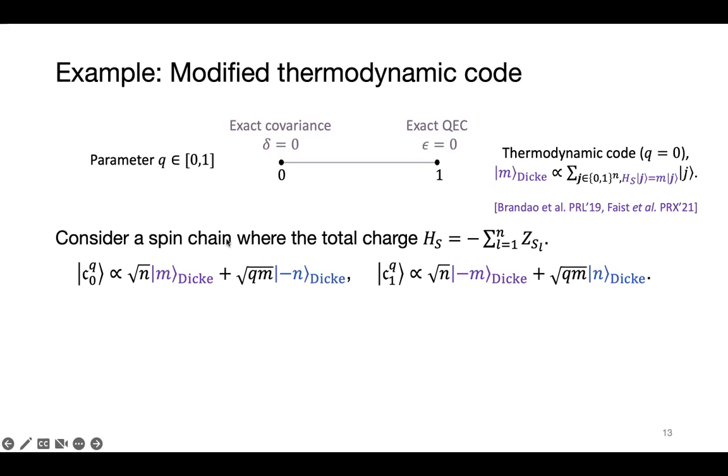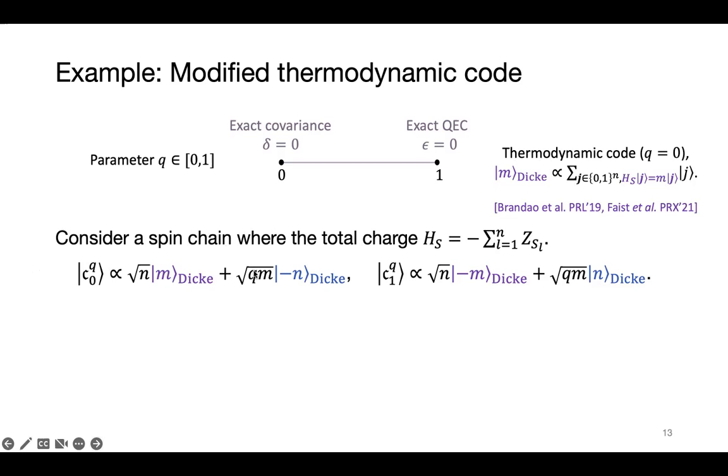If we consider this n spin chain and use this charge operator as the sum of Pauli Z operators, the decay state is the symmetric state, which is the energy eigenstate of this charge. One can verify that if the state is a decay state, it is naturally going to be a covariant code, but it cannot be an exact error correcting code.